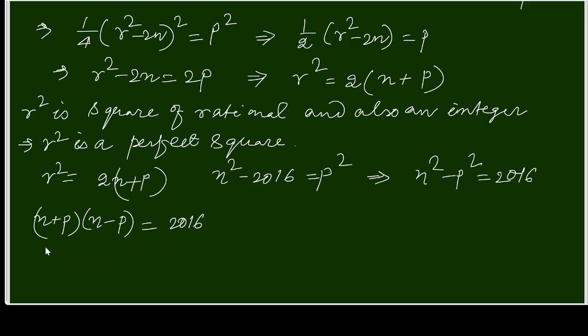2016 is an even number, so n plus p and n minus p both should be even.